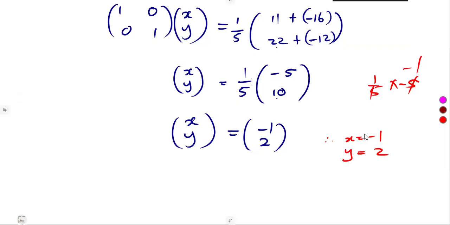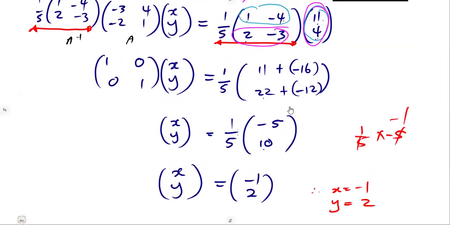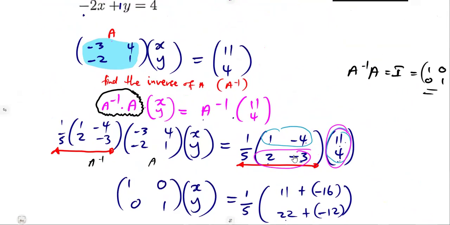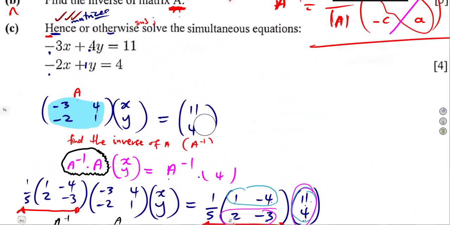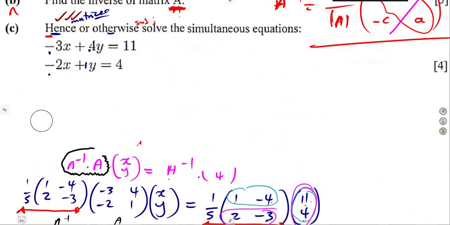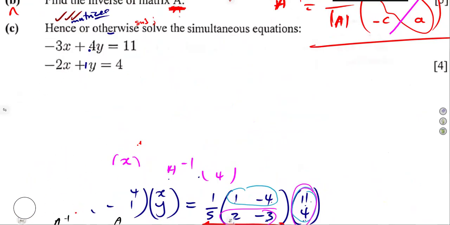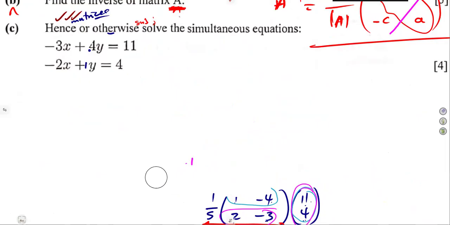So this is how we can have these questions attempted. You choose to work with the "hence" method. The "hence" is a continuation from what you had before, what you were working with before.